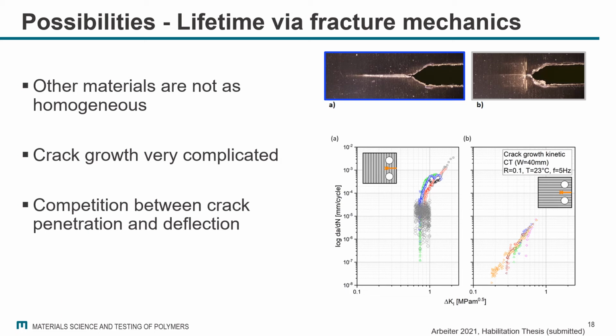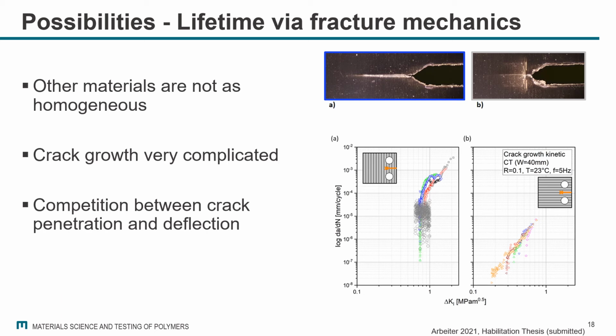For example, shown here in the graph on the bottom right, we have a crack growing parallel to the printing orientation with a material which is not easily printable, I would say. So the diffusion at the interfaces between the deposited strands is not very good. And here we can see that actually the crack grows in a quite nice crack growth kinetic.